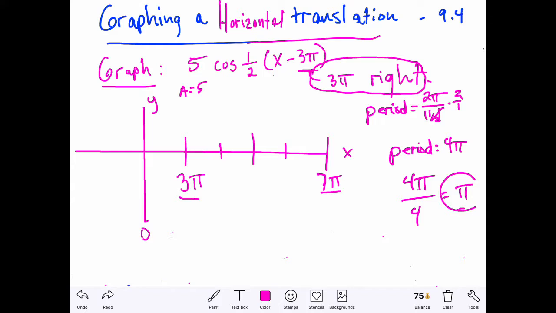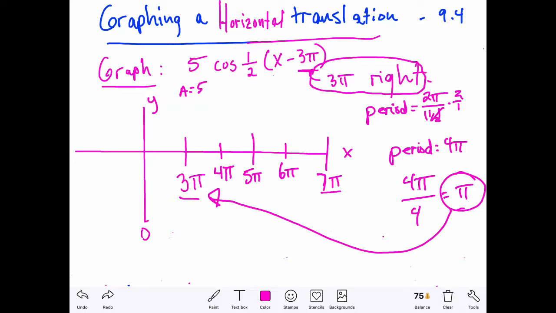So whatever that value is, I'm going to add to my new starting point of 3 pi. Well, what's 3 pi plus pi? 4 pi. And now what's 4 pi plus pi? 5 pi. And what's 5 pi plus pi? 6 pi. And then finally 6 pi plus pi is 7 pi. And there I am.